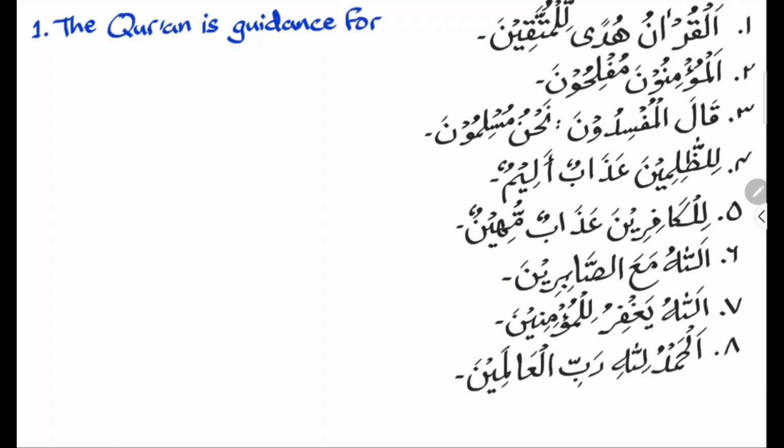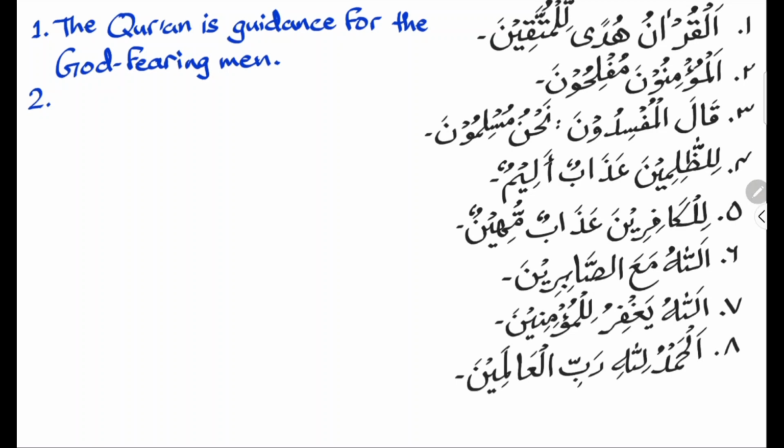Now al-muttaqeen is the plural of al-muttaqi, which means God-fearing man. So the Quran is guidance for the God-fearing men or people.